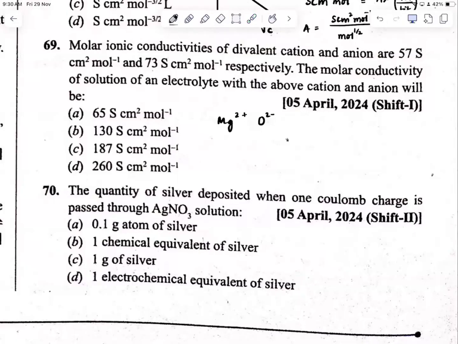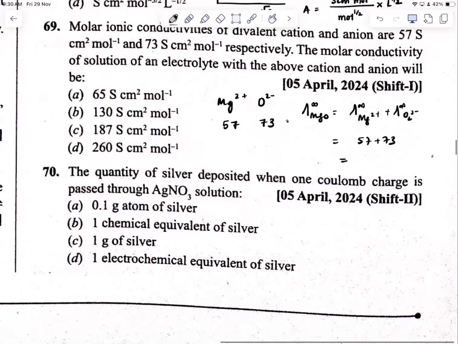In that case, it has to be 57 and this has to be 73. So therefore, lambda naught of MgO will be equal to lambda naught of Mg2+ plus lambda naught of O2-. That will be equal to 57 plus 73, which is around 130.